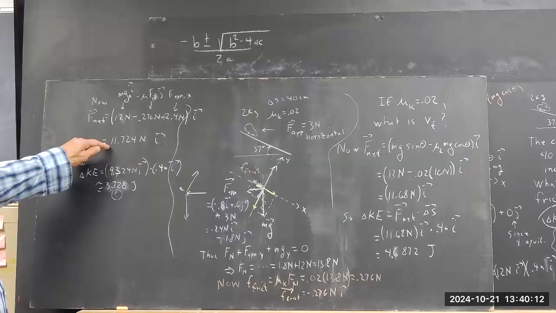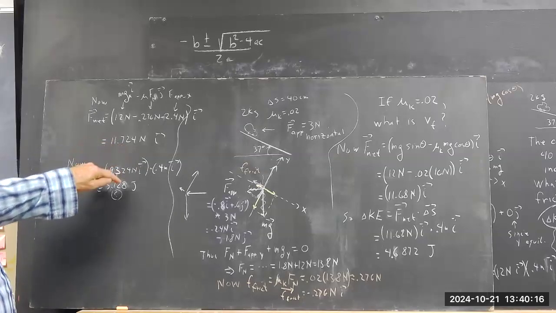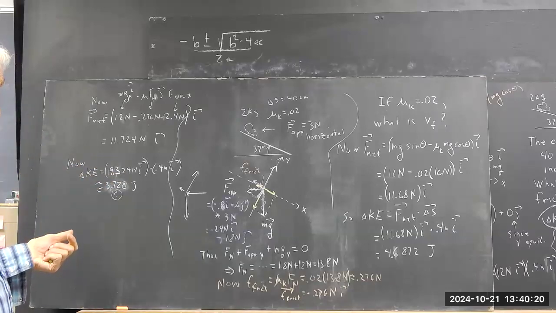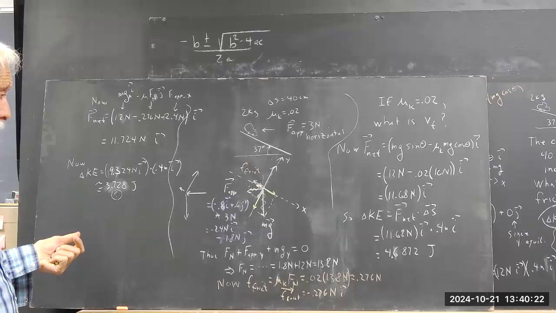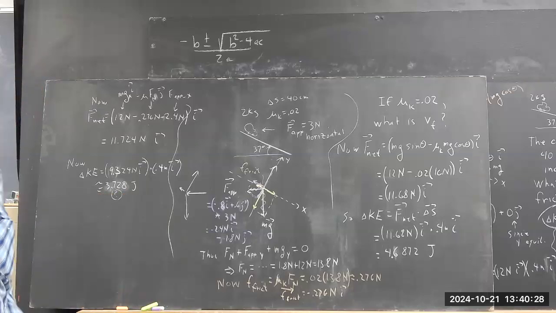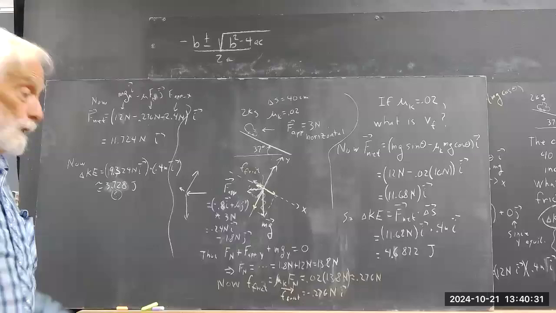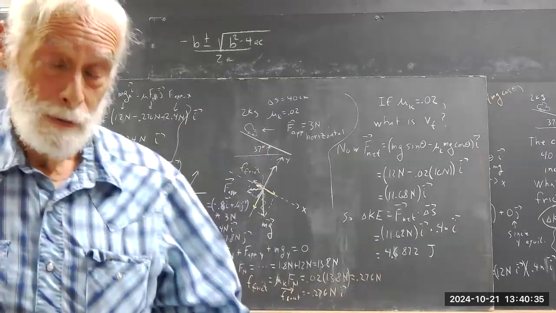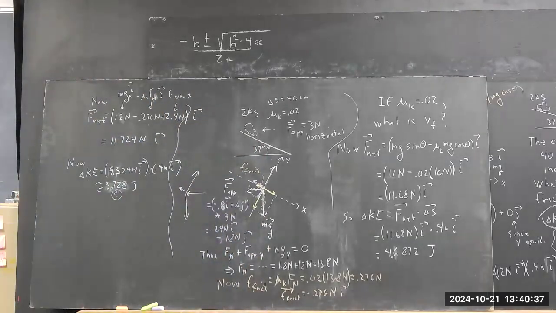Okay, if I subtract 2 from 11, I get 9, and subtract 0.4 from this, I get 0.324, 2.728. Well, seems like it's the right ballpark. Something I'm looking at doesn't feel right, so I'd want to double check that, okay? But the numbers just follow from the entire analysis, and we can get that whole idea.